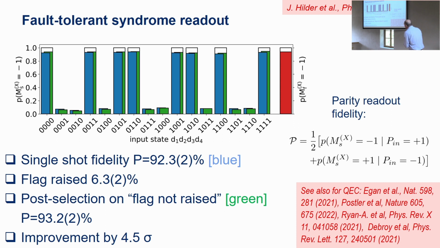It's not a misprint. This looks like a tiny effect. You see, it only goes up a little bit. The green is a little bit higher than the blue, but it's an improvement by 4.5 sigma. So it is significant, okay? So it is important to have this flag on board. It really does something good.